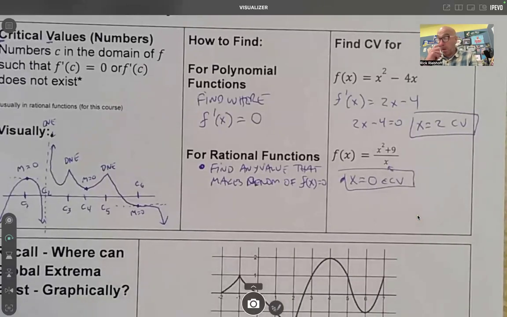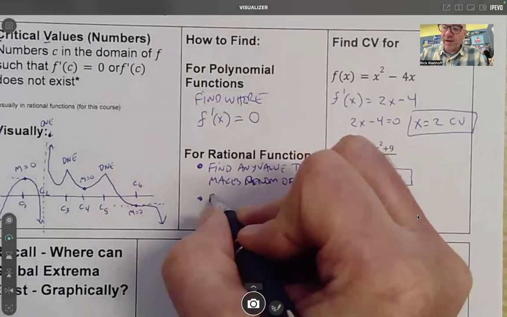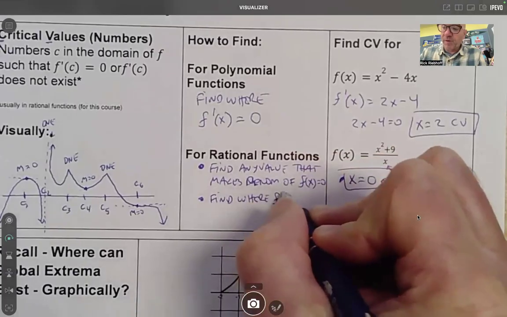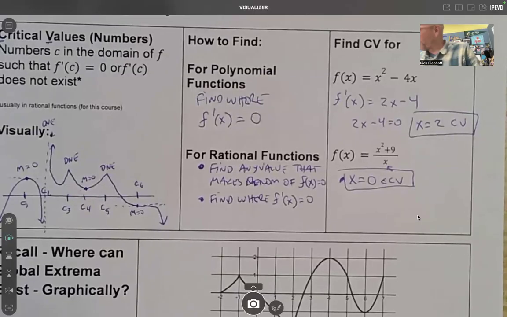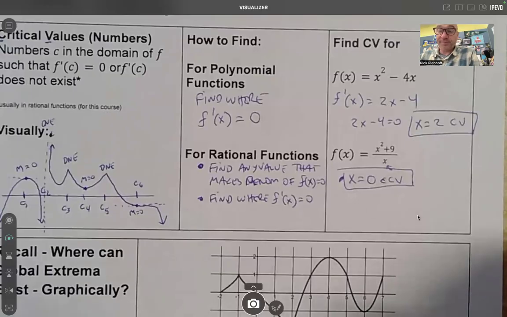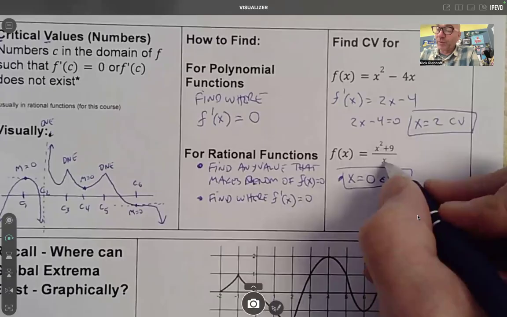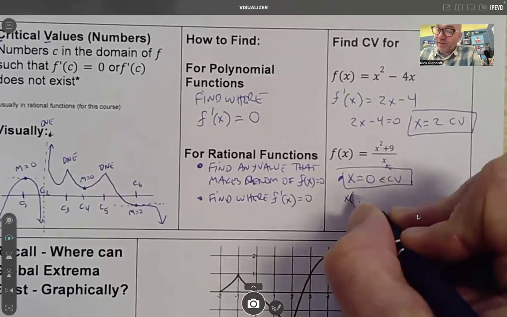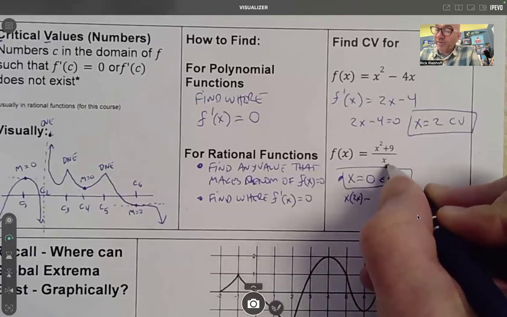It's x equals 0. Step number 2, same as this one. Find where f prime of x is equal to 0. Okay, so we're going to find where f prime of x equals 0. Now this is going to be a special equation, right? This is a quotient, right? So let's go low times the derivative of the high, 2x, minus high times derivative of low.